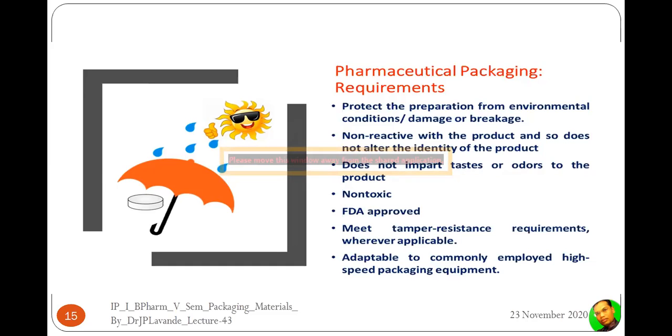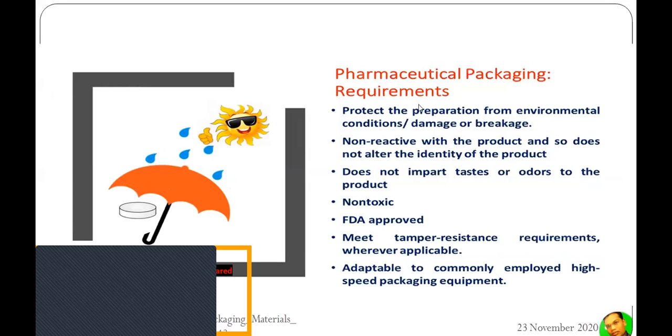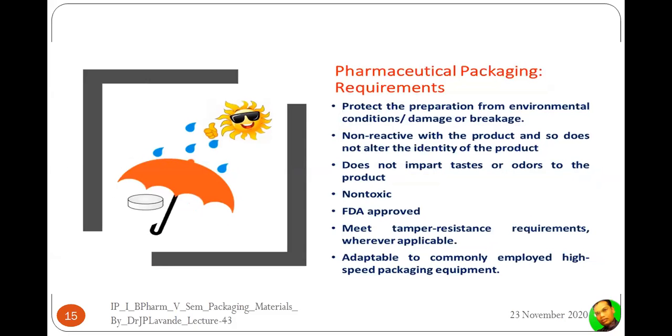It should be FDA approved. It should meet the tamper resistance requirement wherever applicable. That means there should not be any kind of tearing off, and if any tampering, breakage, or opening of the container has been done, that can be clearly understood.